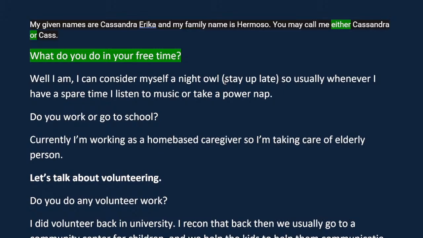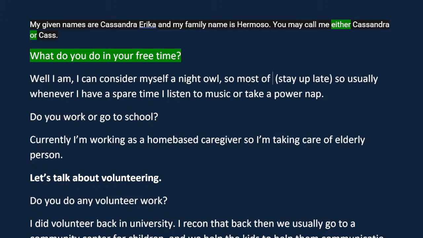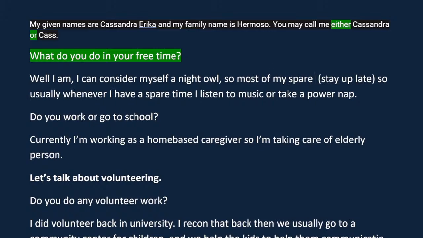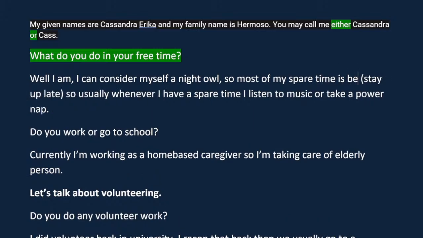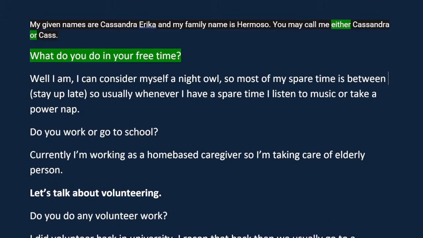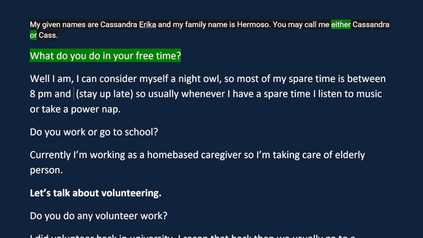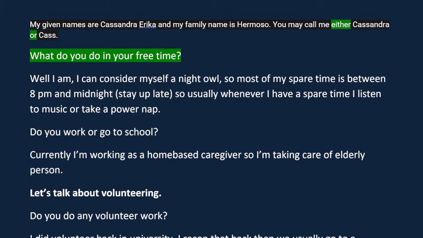So you'd have to say something like, well, I consider myself a night owl, so most of my free time or most of my spare time is between 8 p.m. and midnight. So now you're connecting that idea of night owl to the question, which is free time, right? So now I understand why you're mentioning that you're a night owl. Okay, so explanations are really important.